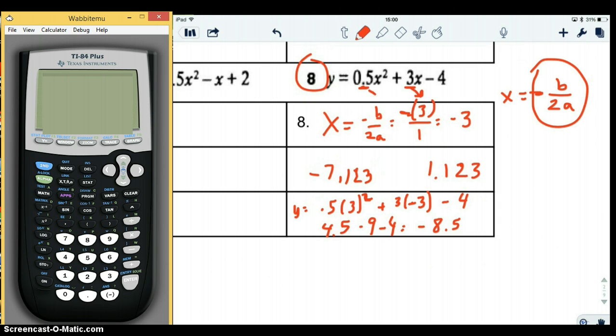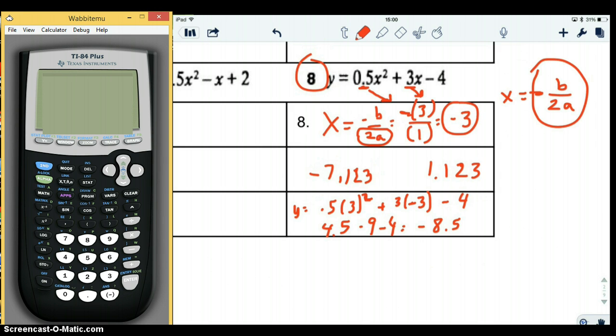The a coefficient is 0.5, and you multiply it times 2, because it's actually 2a, not just a. So 2 times 0.5 is 1. So you have negative 3 over 1 equals negative 3.